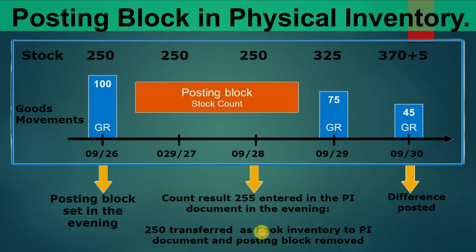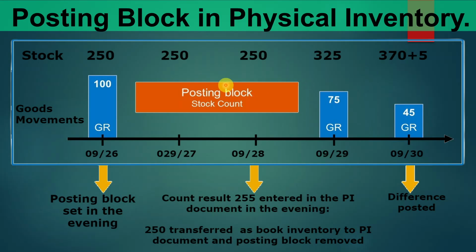So 250 is the book inventory for the physical inventory document posting. Then this post block is removed and GR is done for 75, so it becomes 325. Then again a 45 GR is done, so it becomes 370. But while posting the differences, the system will consider only this 5 difference.